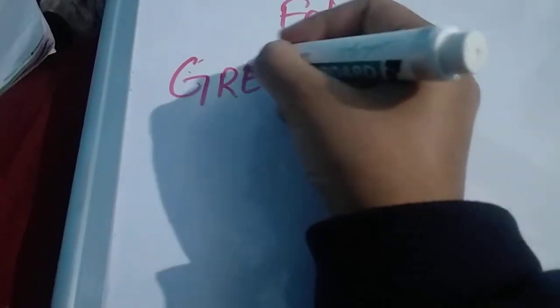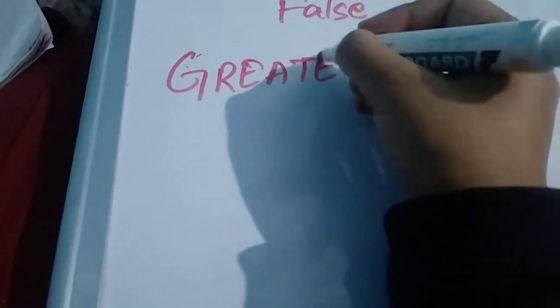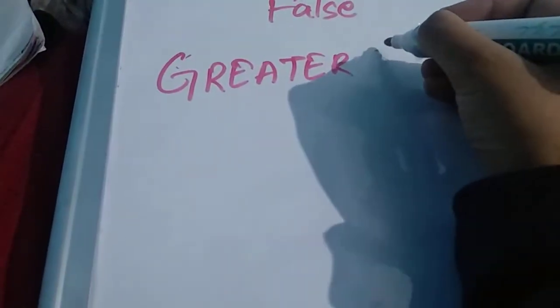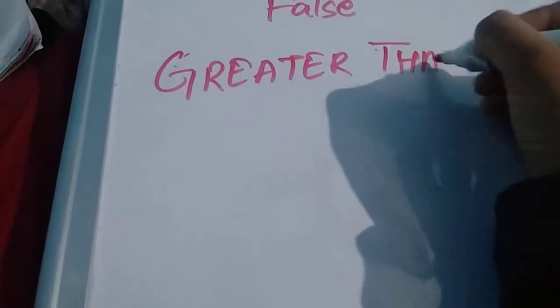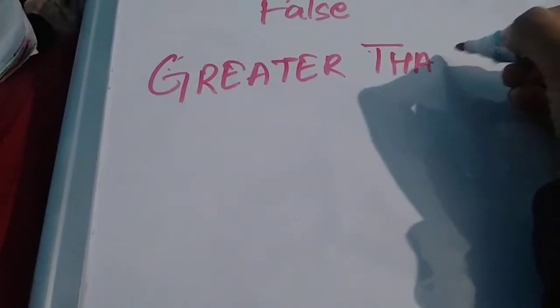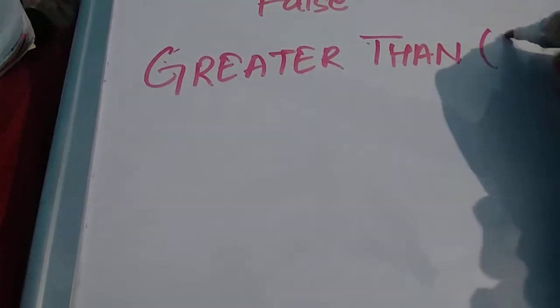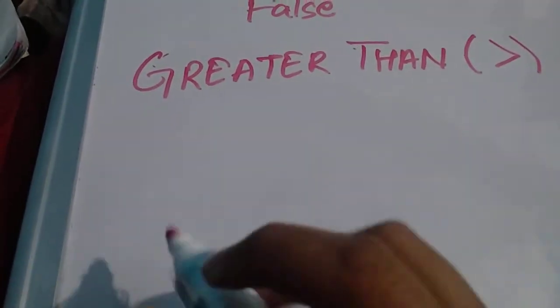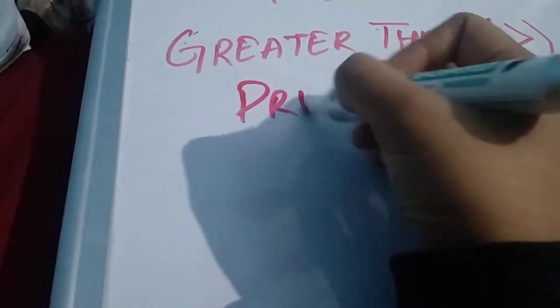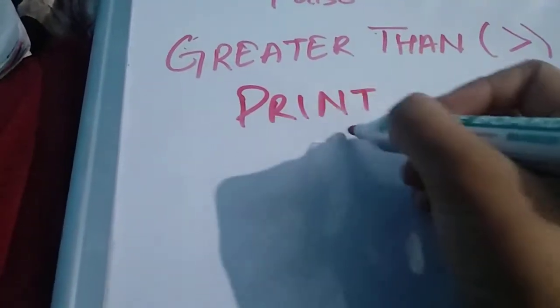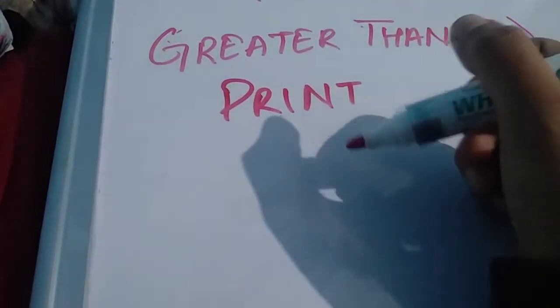Okay, now moving to the next operator, that is the greater than operator. This is the sign of the greater than. So in this, again we will give two numbers. Print command, we will give the print command, or we can say the print primitive.